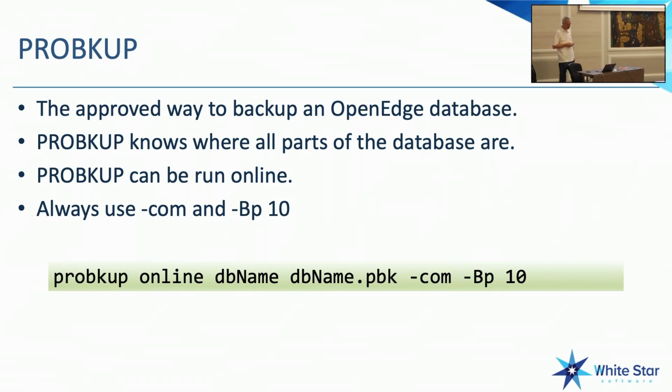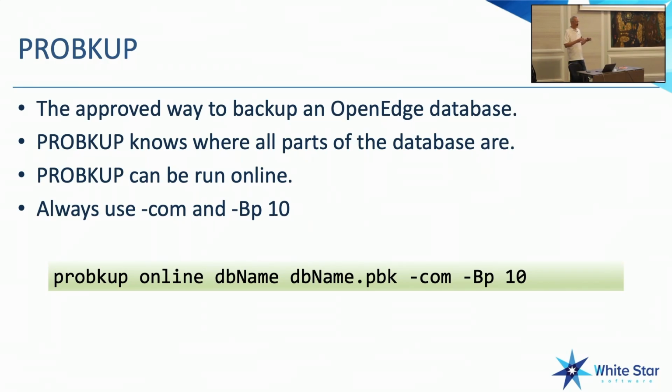The nice thing about ProBKUP is that it knows where all the pieces of the database are. So particularly if you have an older database that you have added extents to over time, maybe because the database has been growing, a lot of times some of those extents get added in weird places. You may have started out with a nice structure with everything in the DB file system.